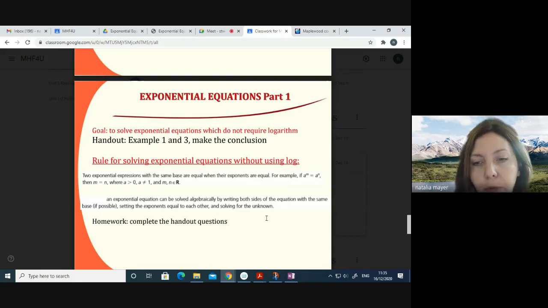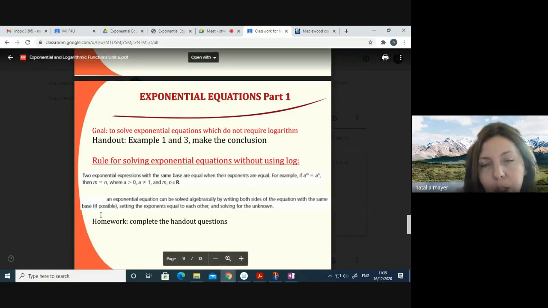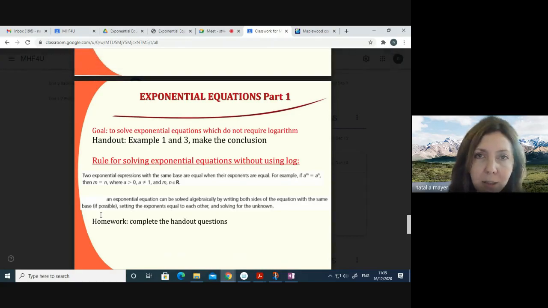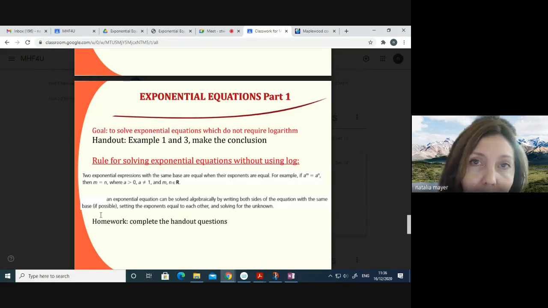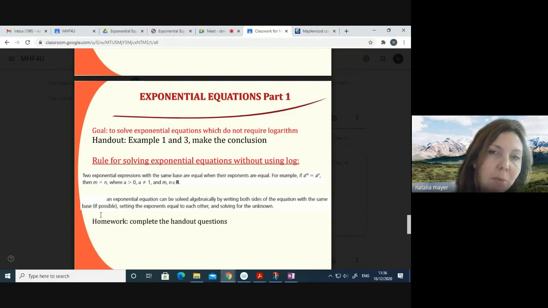After that, you can solve for the unknown. And the logarithm is used when it's not possible to write left and right side with the same base. So this will be the next step. We will start now solving some basic exponential equations, and then we will see how this idea might be applied in more complex equations.